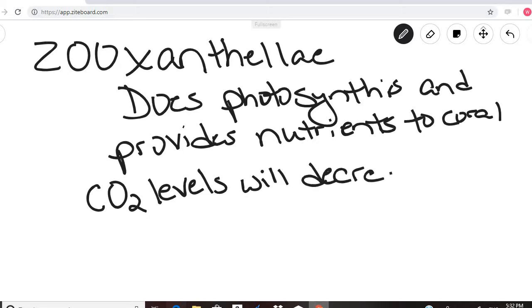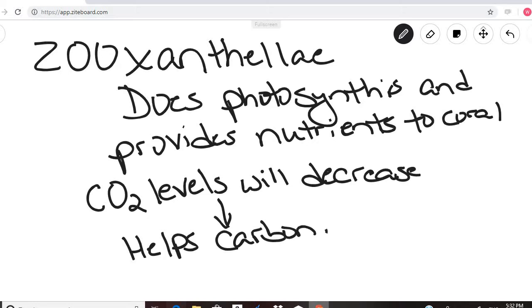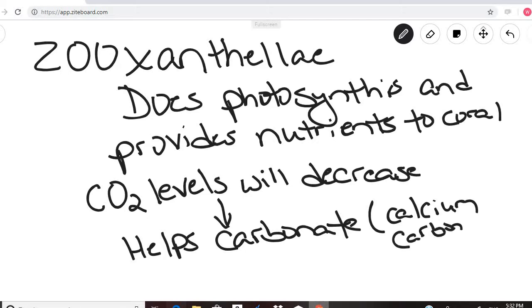And when those CO2 levels decrease, that actually helps the carbonates that are involved in the formation of calcium carbonate, which is the hard structure of a coral reef.